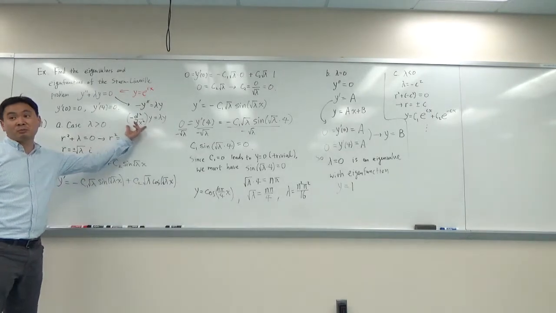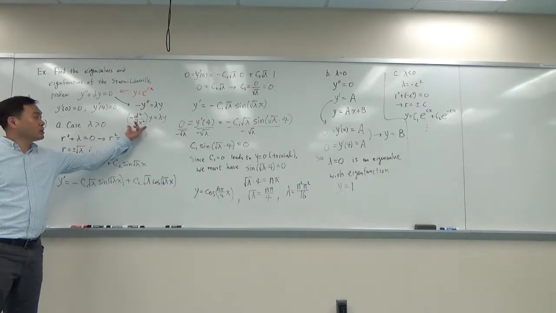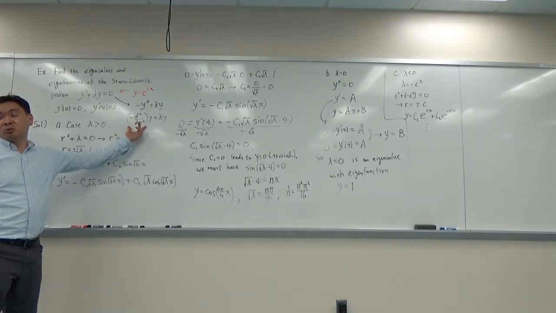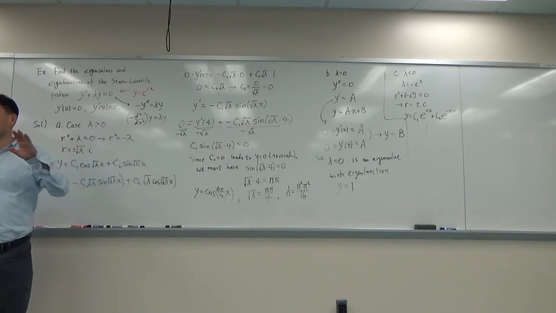This is an example of a Sturm-Liouville operator. And for any Sturm-Liouville operator, the eigenvalues will always be greater than or equal to 0. It will never be negative. And that's something that I will prove at some point.